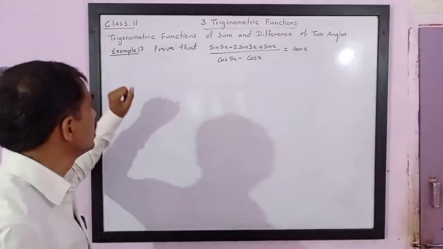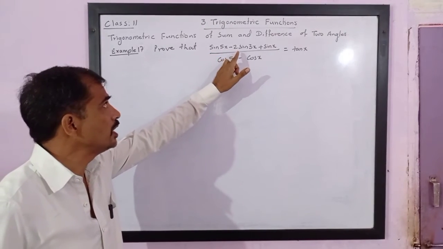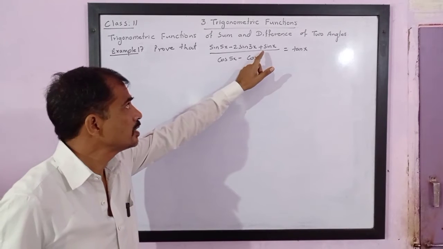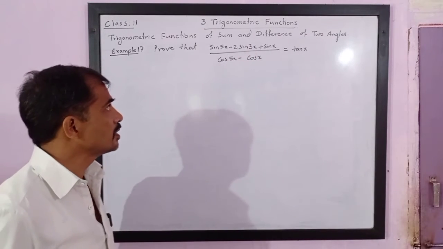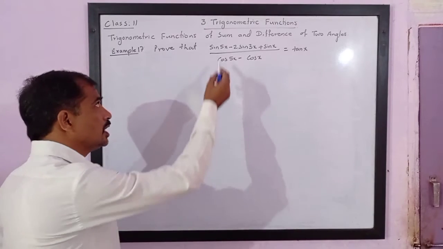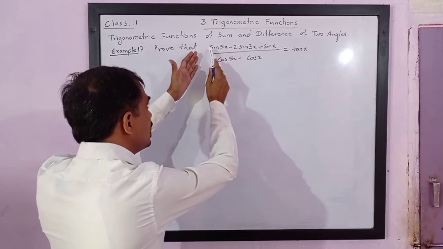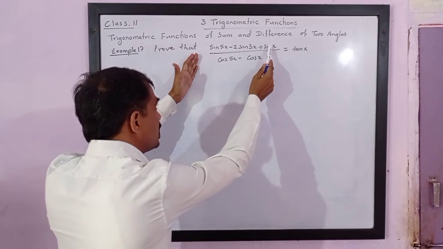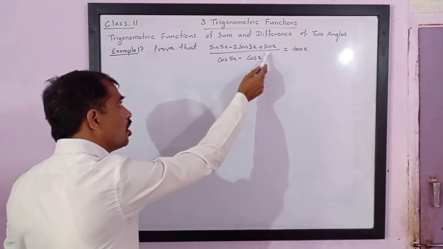Dear friends, next, 17th question is: prove that (sin 5x - 2 sin 3x + sin x) upon (cos 5x - cos x) is equal to tan x. So watch carefully, this angle is 5x, this angle is x. So we will consider this as sin x + sin y and this as cos x - cos y.